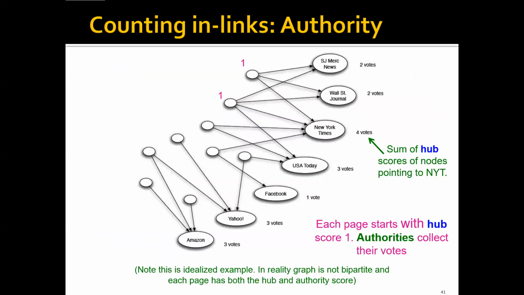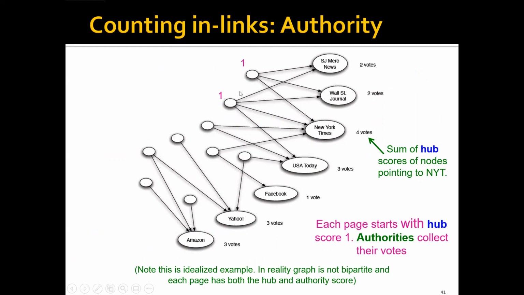Let's look at an example. Let's say that we have a number of nodes, with the nodes on the right as the authority nodes and the nodes on the left as hub nodes. We initialize the hub score of each node as 1.